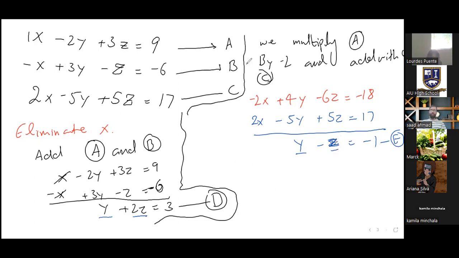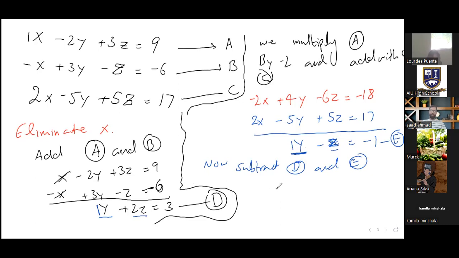So what we do again is look at the coefficients of y. Let's eliminate y. The coefficient of y is 1 here and 1 here. They're the same, so we can subtract. Now let's just subtract D and E.